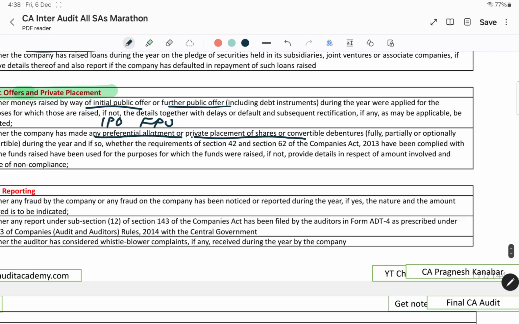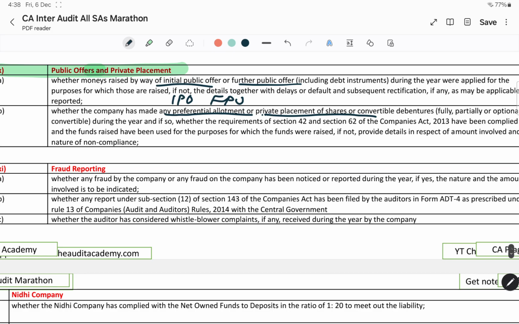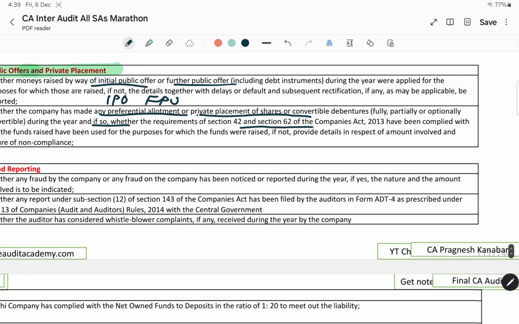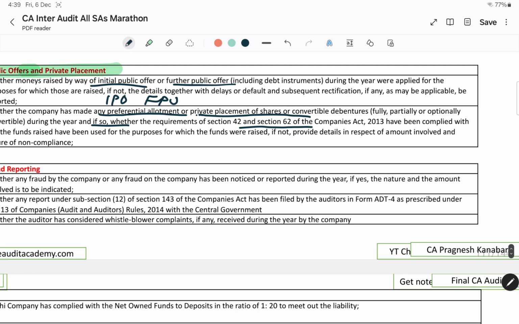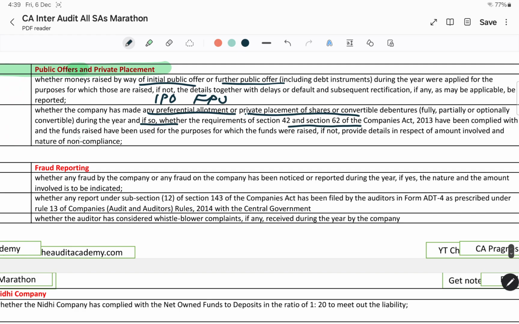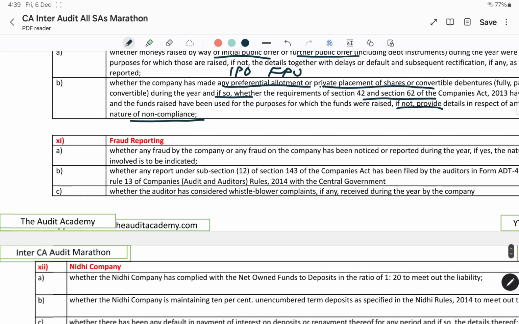Private placement of the shares or a convertible debenture, fully, partly, or optionally convertible during the year, and if so, whether the requirement of Section 42 and Section 62 of the Companies Act 2013 have been complied with, and the funds raised have been used for the purpose for which the fund were raised. If not, provide details in respect of the amount involved and the nature of the non-compliance.